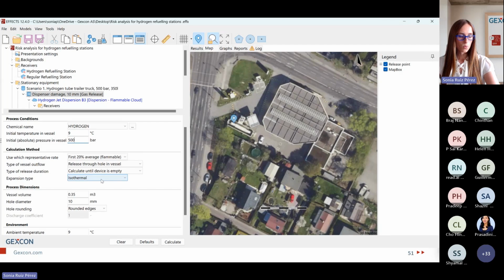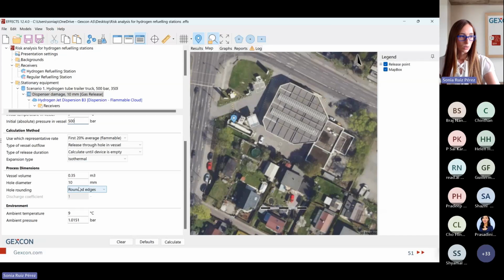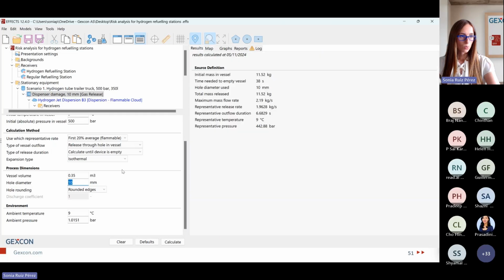So it's a way of taking this behavior into account, and the release is through a hole of 10 millimeters. So this gas release model will allow us to obtain the representative release rate. So we have 2 kilograms per second of hydrogen coming out of that dispenser hose.